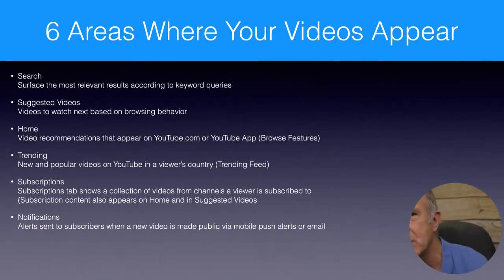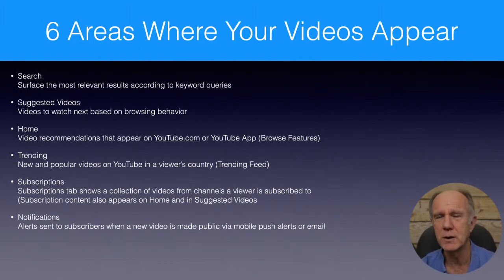That's why with notifications, YouTube will send alerts to subscribers when a new video is made public via mobile push alerts or an email. But recently YouTube did away with the email notifications, so it's mostly push notifications that you get. I was really mad when they did away with email notifications, because that's what I had set up and that's what I was relying on.